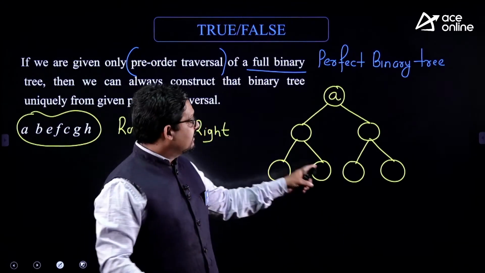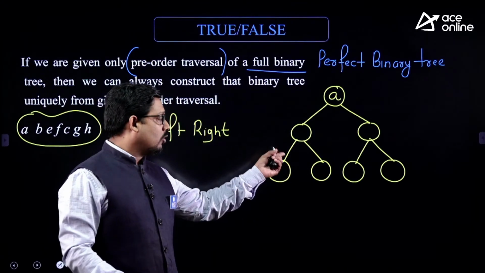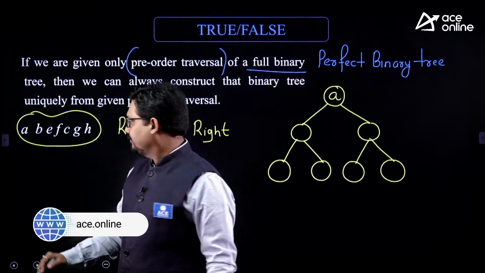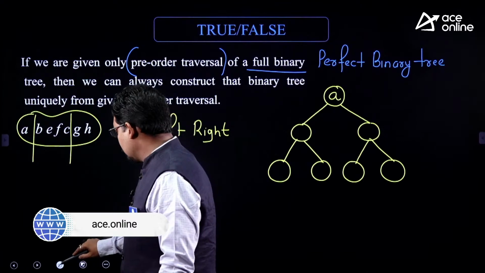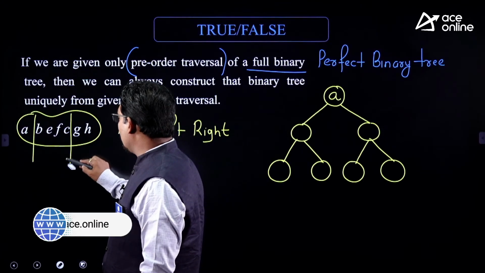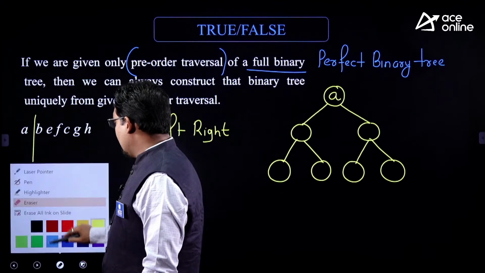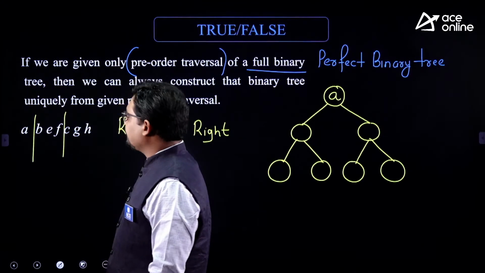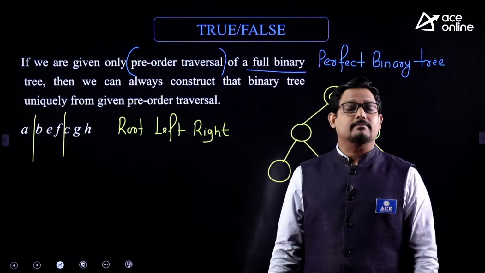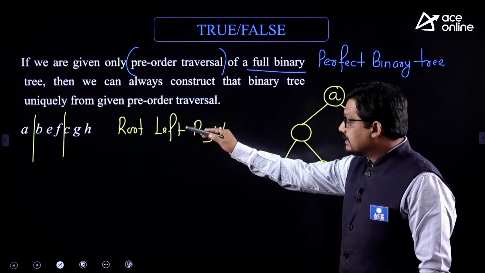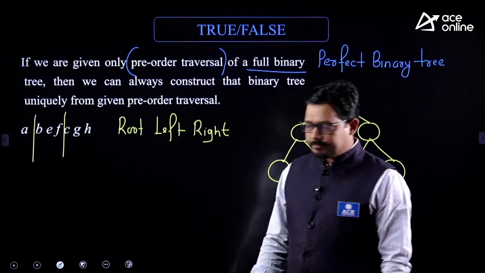And with this structure I know that there are 3 nodes on the left and 3 nodes on the right. So now I can use this information for the division: 3 nodes on the left and 3 nodes on the right. So B, E, F is on the left and C, H, G is on the right.